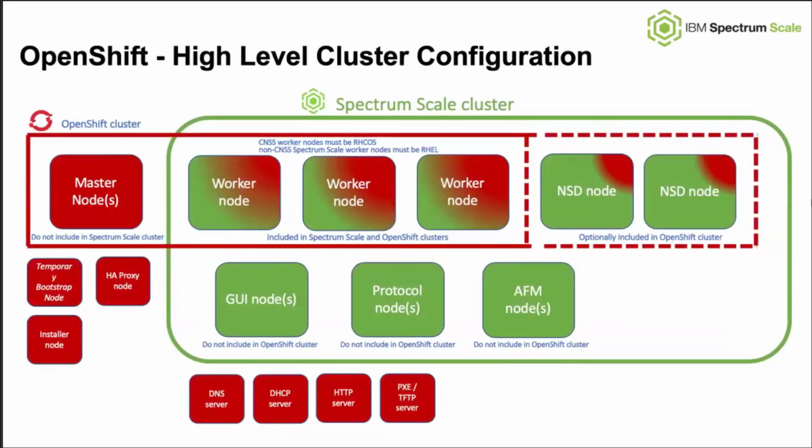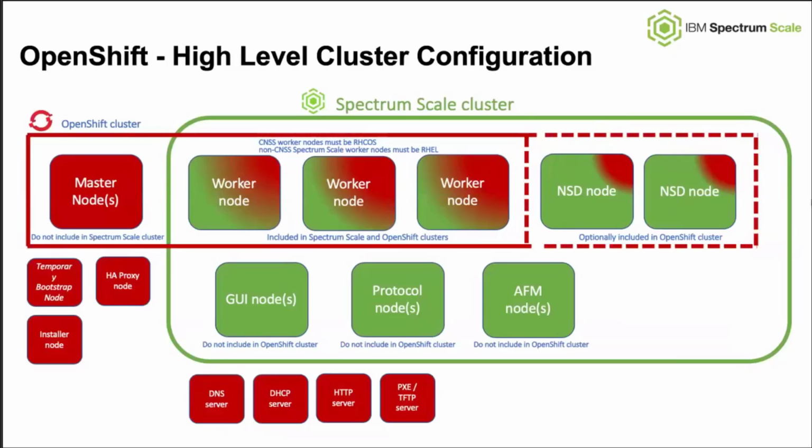So it is a requirement to have RHEL worker nodes attached to the OpenShift cluster, where Spectrum Scale can be installed and where the CSI driver will also be installed. So this is an additional requirement that comes up on OpenShift, and all other required nodes like the GUI nodes, the NSD nodes, if you're using protocols, AFM, etc., have to be outside of the OpenShift cluster.